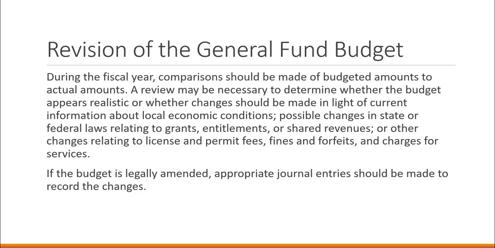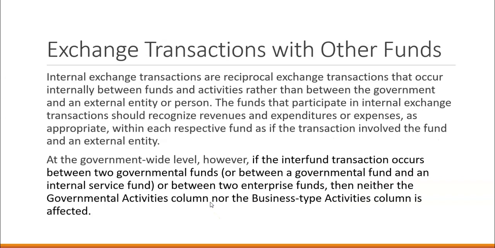But most often it's that they're not going to get the amount of revenues that they planned, and so they need to rethink their appropriations. They need to find a way to cut money for the rest of the year so that they can get a balanced budget. When we change the budget, then we have to revise that.